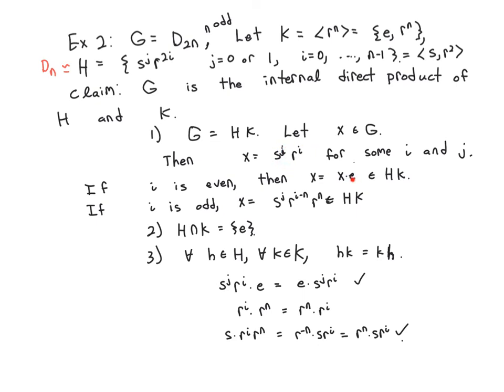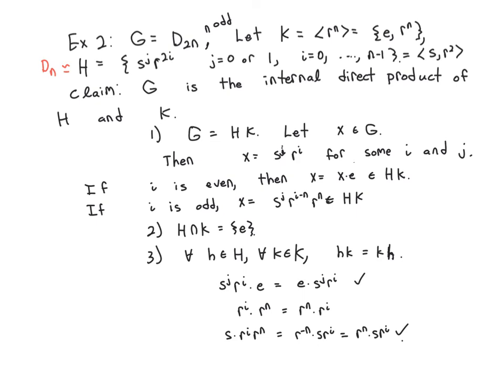Just tack on a product with the identity element, which is an element in K, and x is already in H. It's already an even power of the rotation. So you're already in this product set. So the only interest is when i is odd. Either you have an odd degree rotation, or you have a reflection where the power of r is odd.